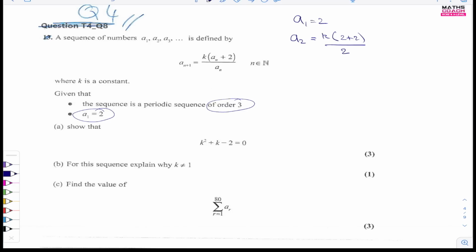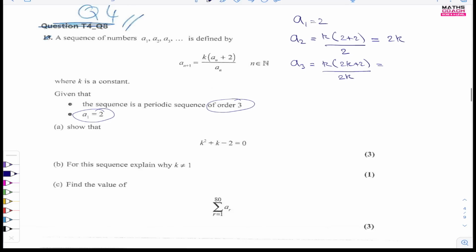Now it's very important that you simplify each term before you substitute it into the next one, otherwise it's going to get very complicated. So that gives you 4 over 2, so that just gives you 2k at the end. So a3 would be 2 times the previous one, which is 2k plus 2 over 2k. Again, see if we can simplify this.